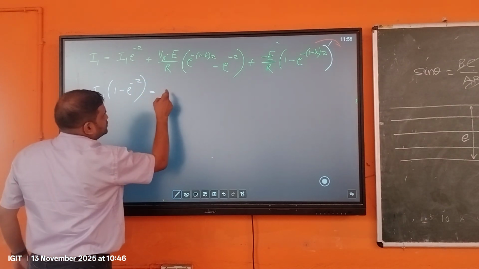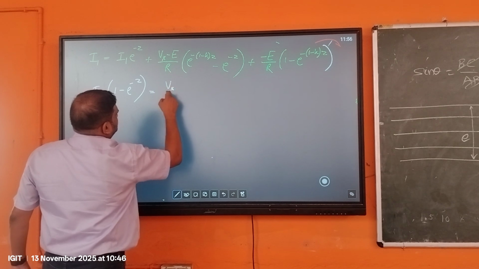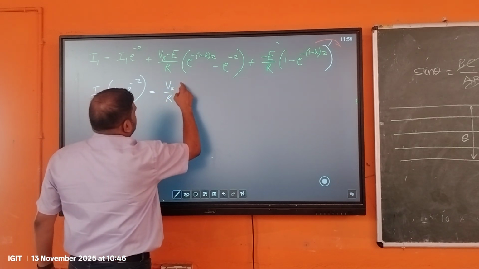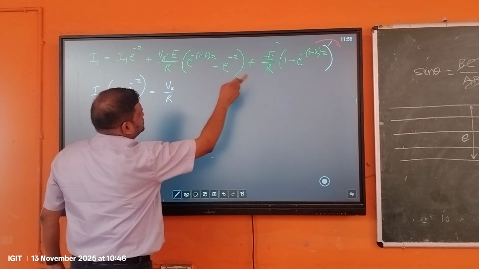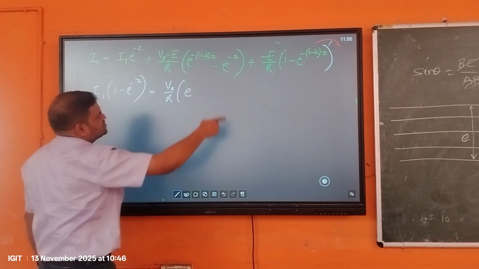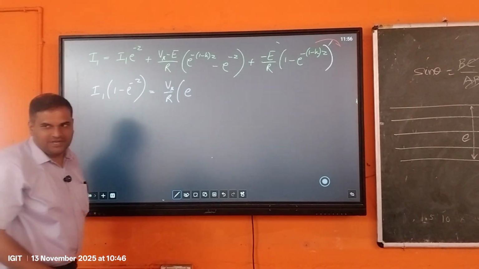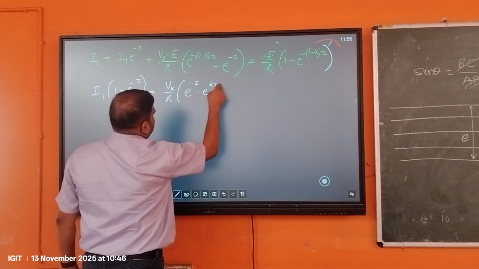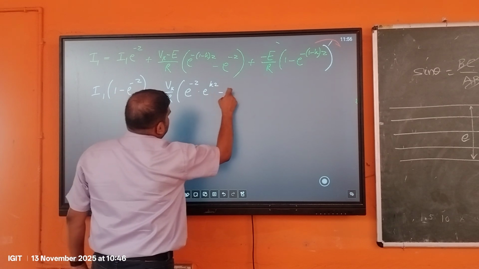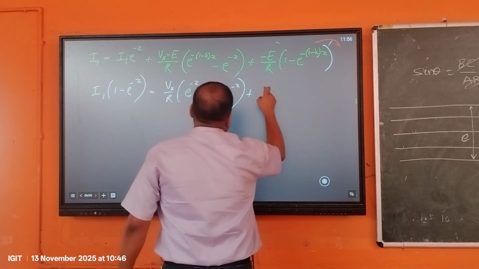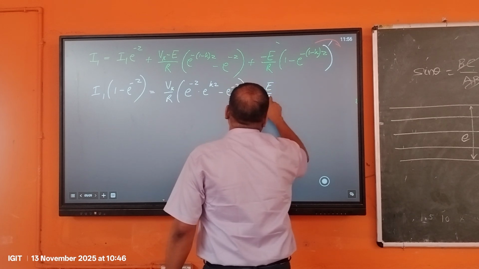And this side is nothing but Vs by R. You have got this equation. Can we split this one? e to the power minus z, e to the power kz, right? Minus e to the power minus z. That is the answer. And then we have plus of minus e by r.